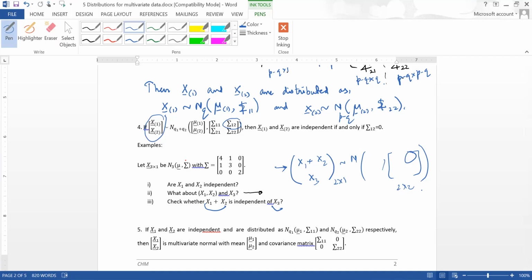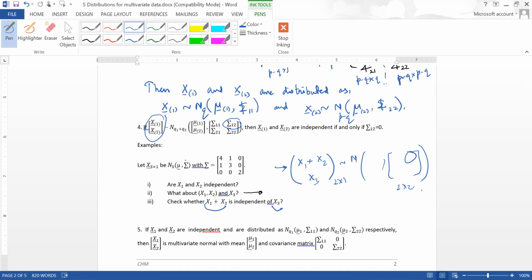Now you should see this as a linear combination. Actually, these are two linear combinations. So to find the joint distribution of two linear combinations, we have to use property 2, AX. Not the total distribution, only the variance covariance matrix. Yes, Ashoka, you have answered.